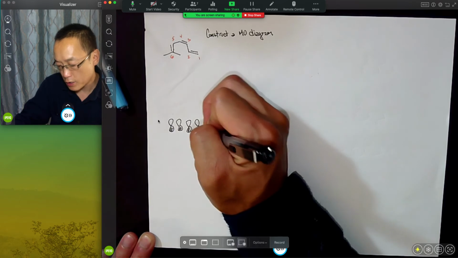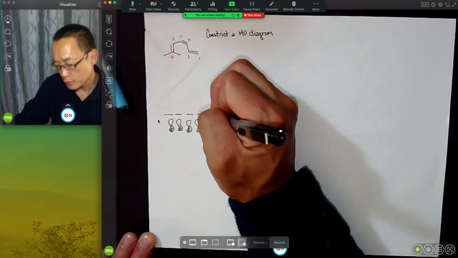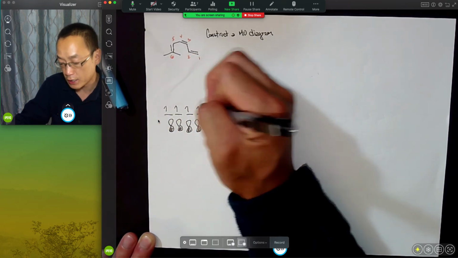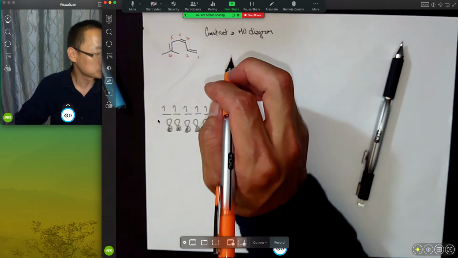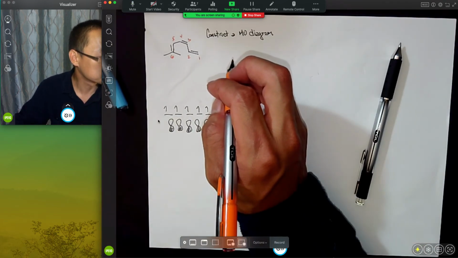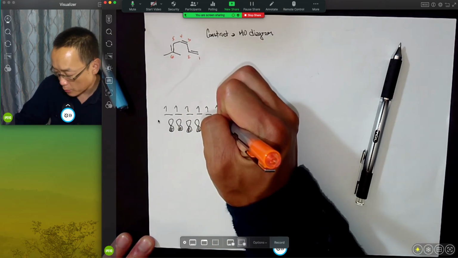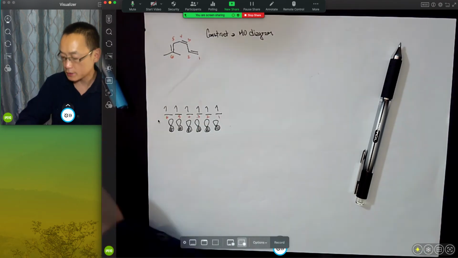So how can we combine these 6 p orbitals, each which has one electron, one pi electron in the system? So coming from carbon 1, 2, 3, 4, 5, and 6.